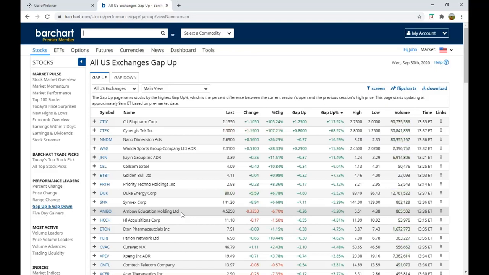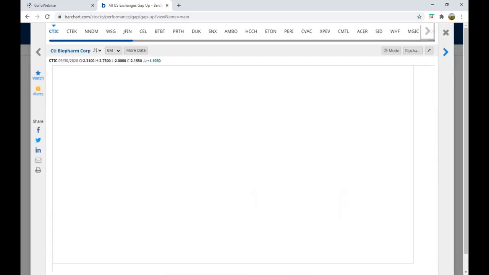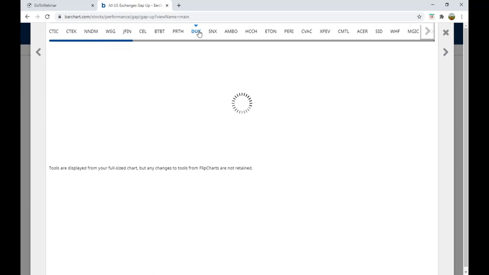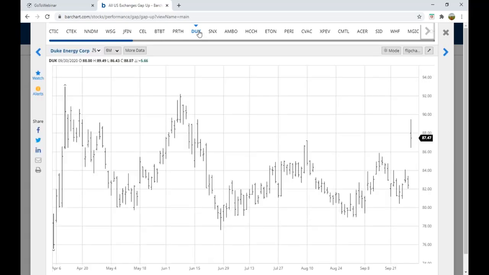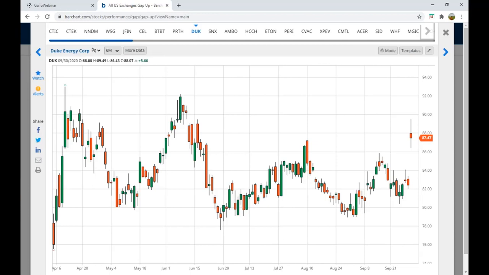And again, we looked at that and there were 300 or so gaps to go through. One of the things I can do is quickly go through the flip charts to find markets that I'm interested in. Again, what I said to you was, here was the Duke trade, the Duke market that I liked, and I sent that to my watch list.